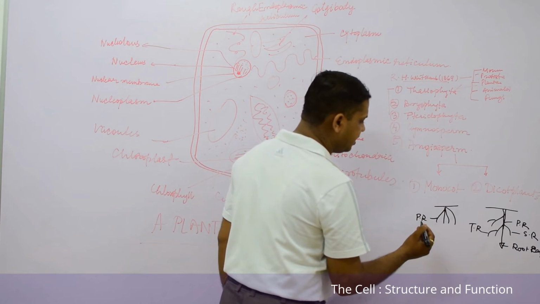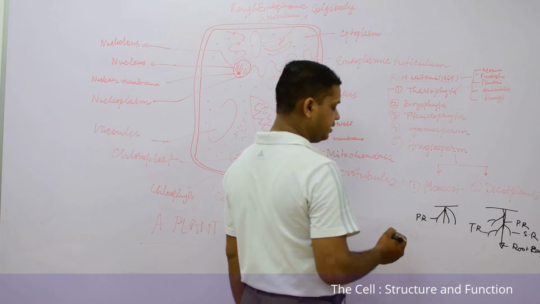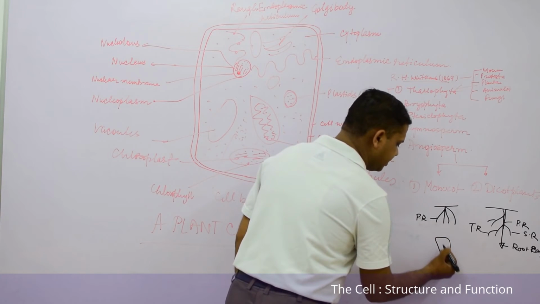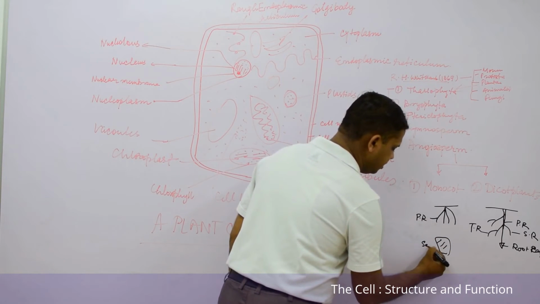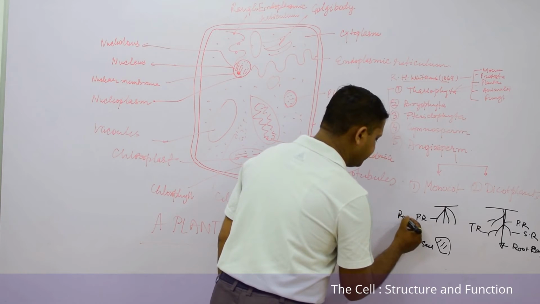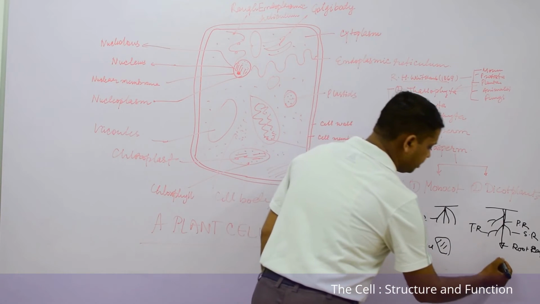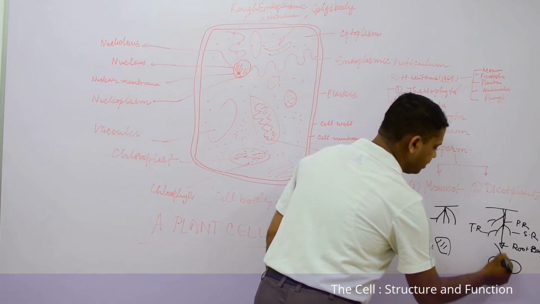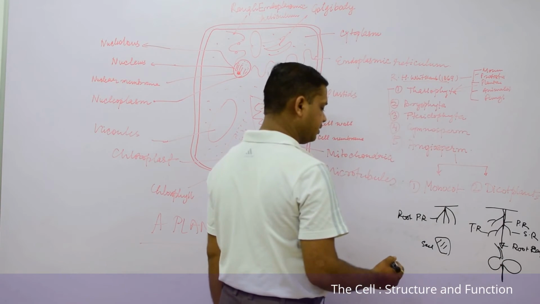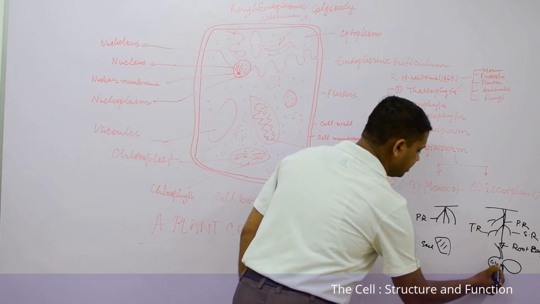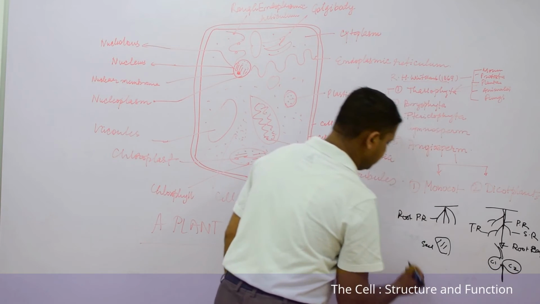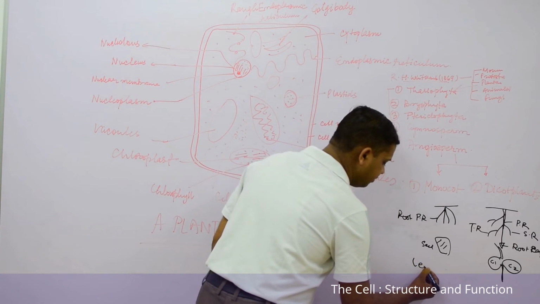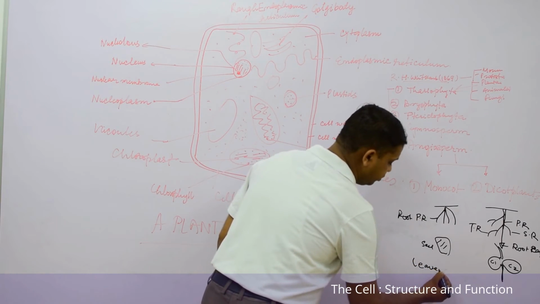The second important thing is that the monocot seed has one cotyledon. This we are talking about in root. And here two cotyledons are present in the case of dicot. This is called cotyledon 1 and this is cotyledon 2. Next, in the leaf, what is the difference between monocot and dicot?